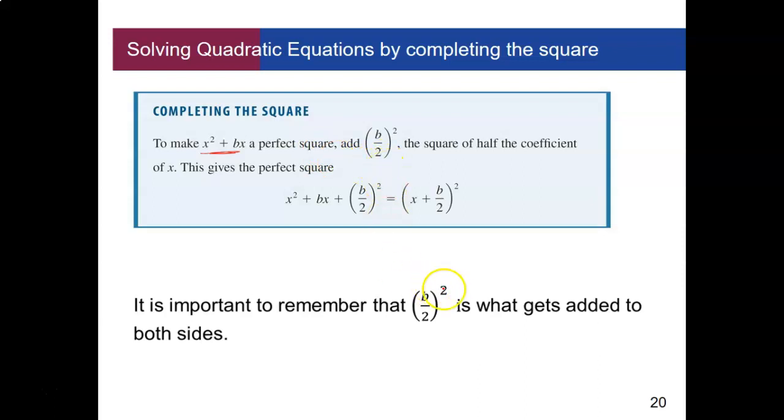And you just need to keep in mind that the part that you're going to add to each side, and you'll understand later as we go on, is this b over 2 squared. Remember that a quadratic is of the form ax squared plus bx plus c. So this is the b that we're talking about here.